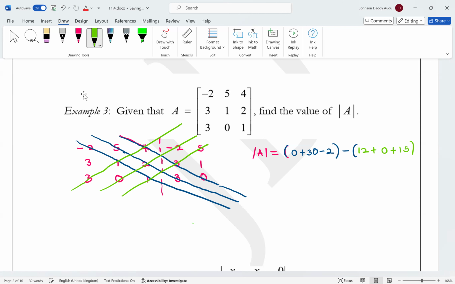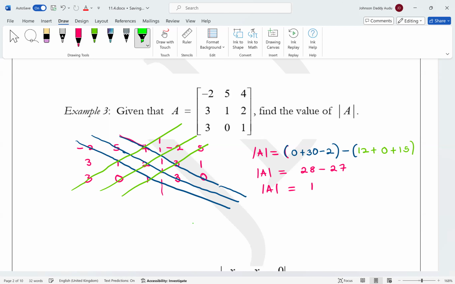Okay. So this will be 28 minus 27. And the determinant is just equal to 1.